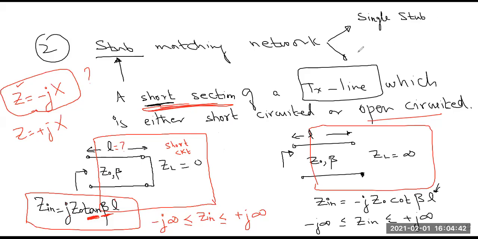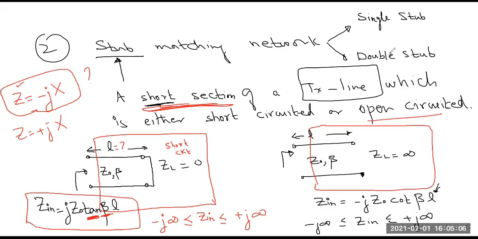Okay, and the other circuit that we will talk about is what we call a double stub matching network. It is obviously clear from the terminology that in single stub we will be using one stub to match the circuit, and in double stub we will be using two stubs to match our load.